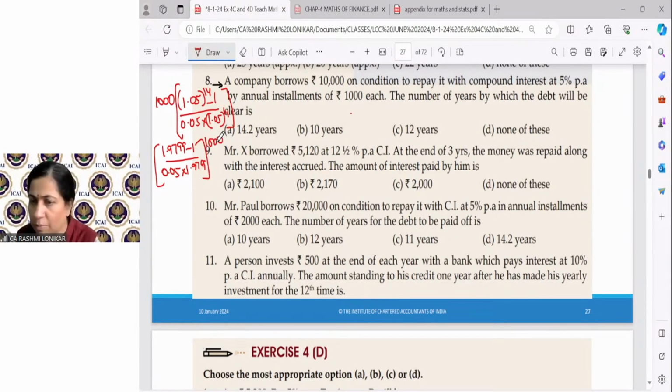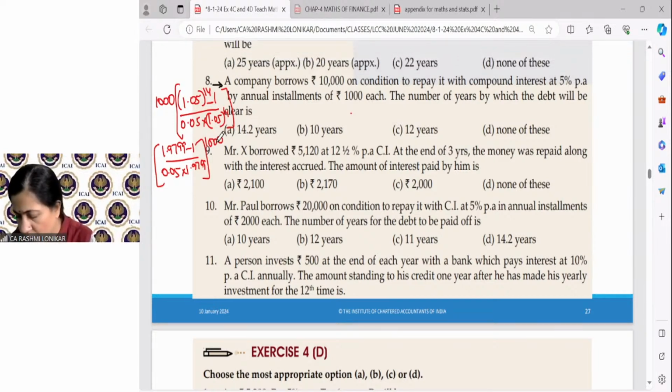So let us see. This will be equal to how much? 0.9799 divided by 0.05, divided by 1.9799, is equal to 9.898. Then 9.898 into 1000 will give me 9898 rupees.